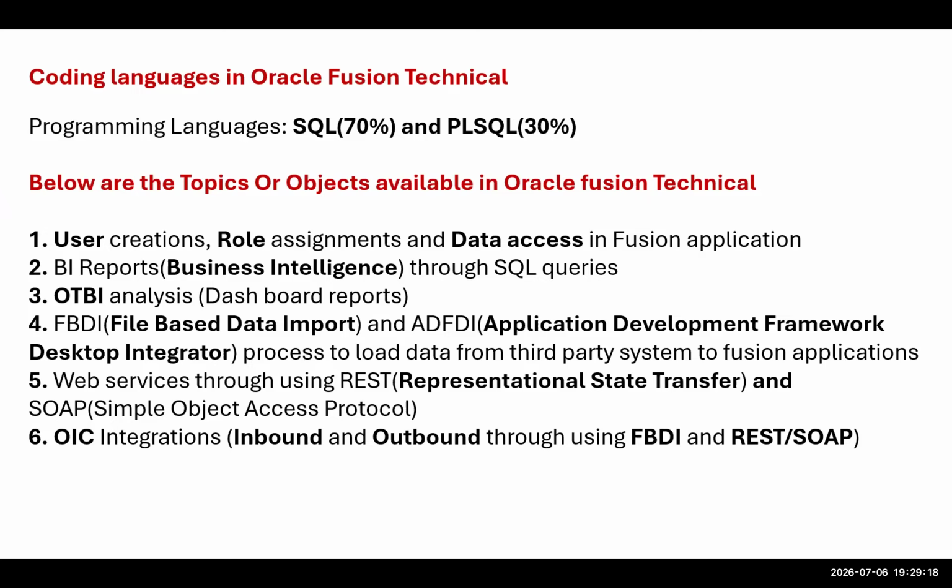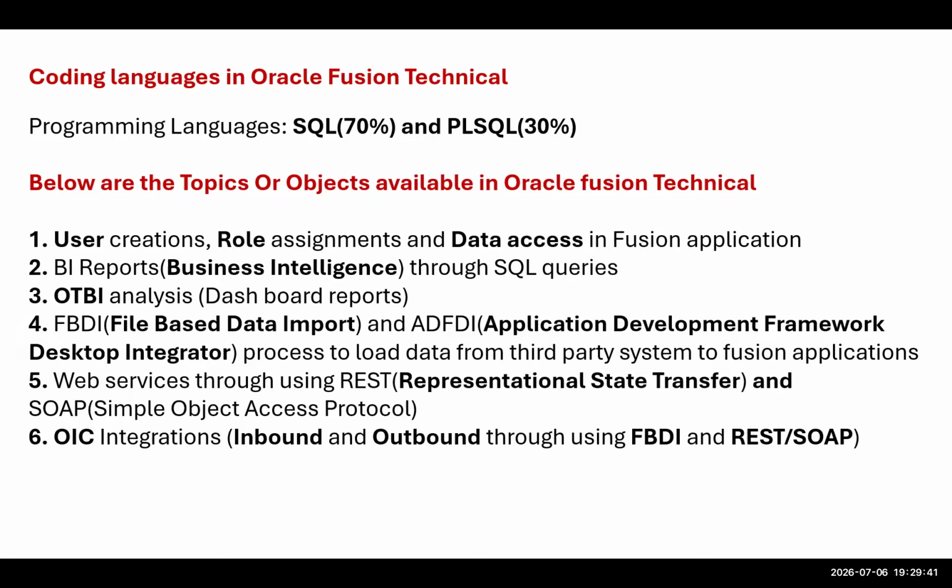Next, the fourth one is FBDI and ADFDI. FBDI stands for File Based Data Import, and ADFDI stands for Application Development Framework Desktop Integrator. We can use FBDI and ADFDI to load data from a third-party system to Fusion applications.